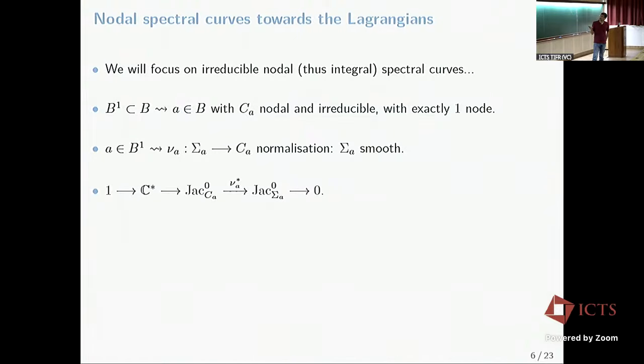So this normalization map induces an obvious map between the corresponding Jacobians. And here I note that this is the generalized Jacobian. So by pullback, you take a line bundle on C_A, pull it back, the degree remains the same. And I have this C star kernel of this map, which is basically the gluing data, okay?